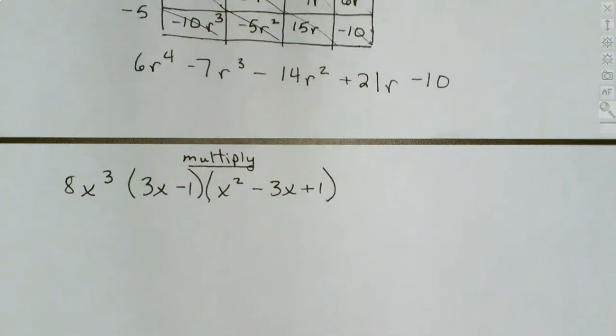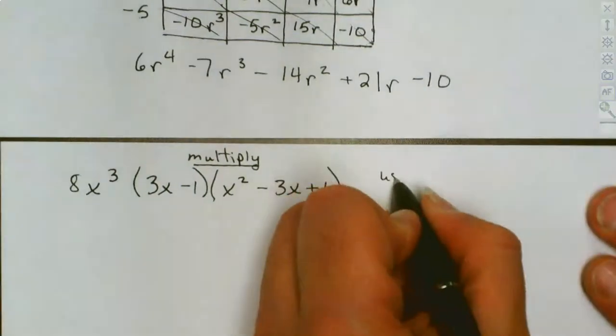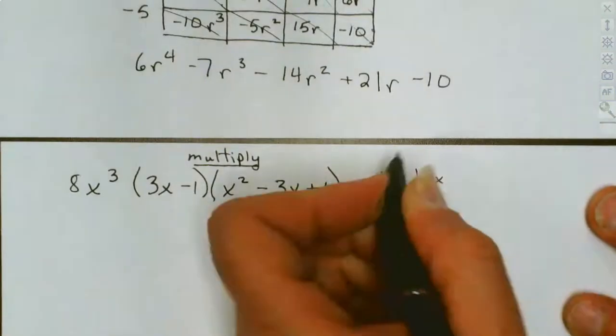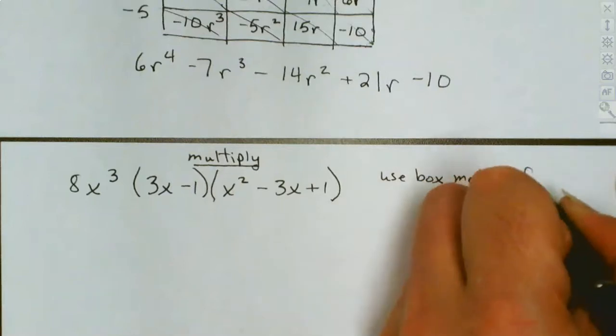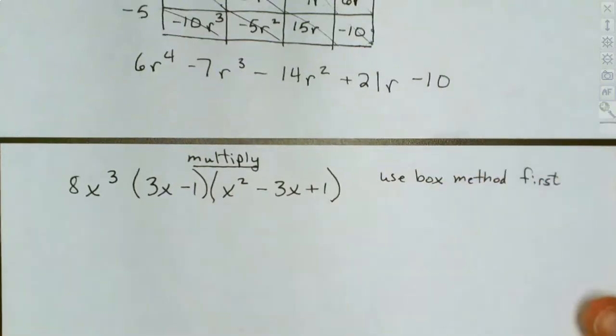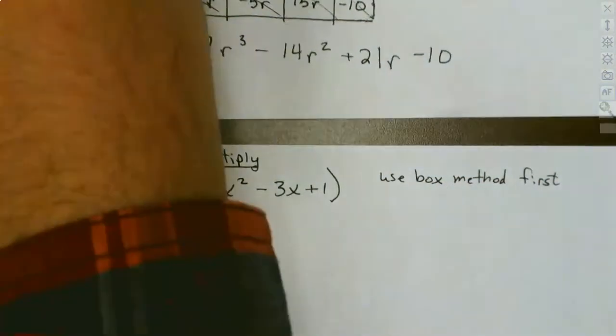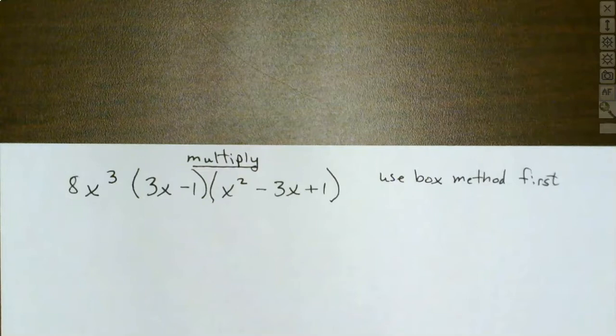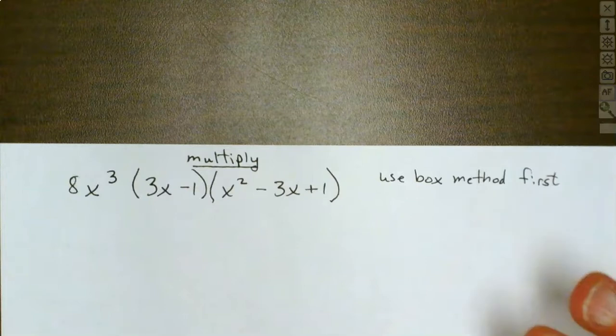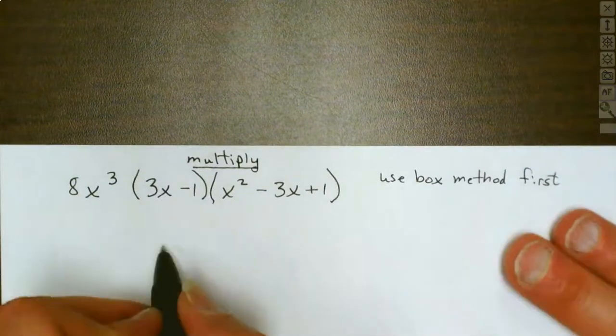We're going to use the box method first. So apply that box method first. And then once we've got the box method applied, then we'll distribute that 8x cubed through. So do the box method first.